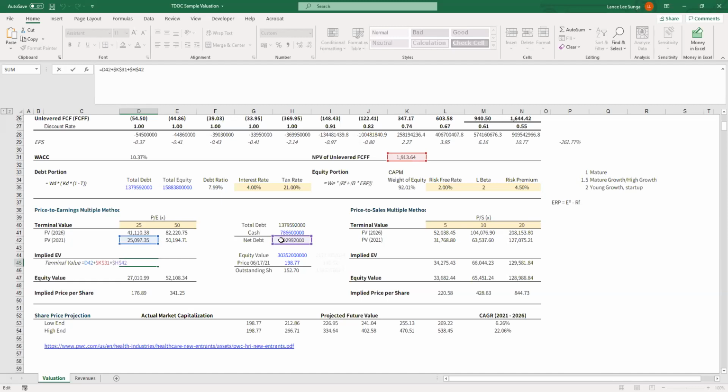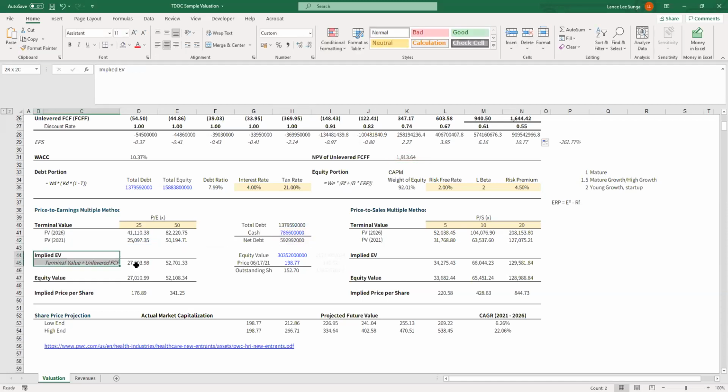Then you have to take out the net debt. The net debt would be the total debt, the same total debt for the debt portion, minus cash. Your cash account, you can find in your balance sheet. So that would be your net debt portion. After you arrive at the enterprise value, you take out the net debt to arrive at the equity value.